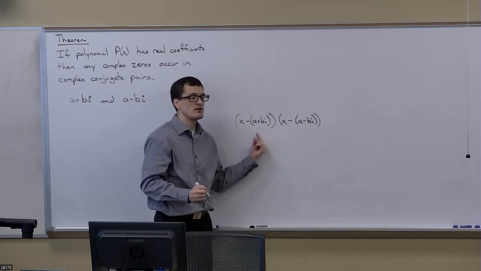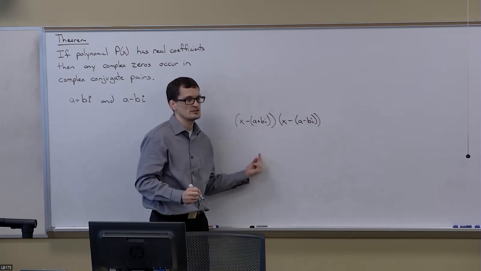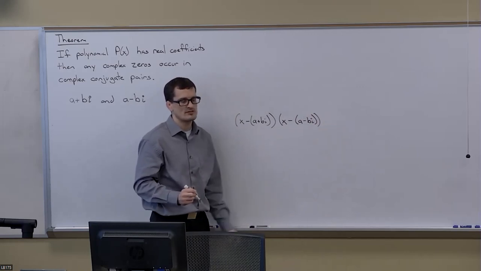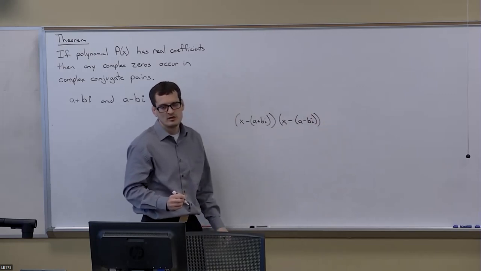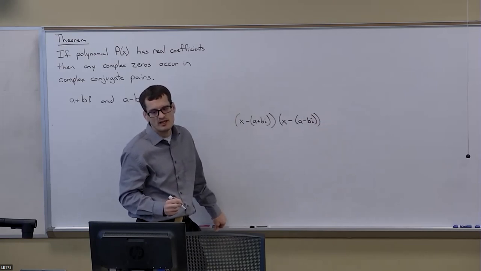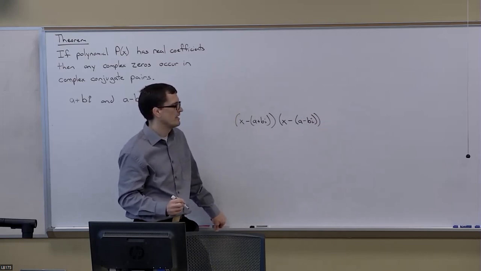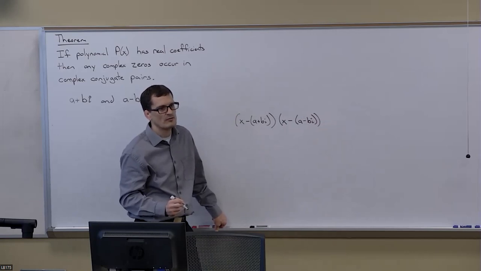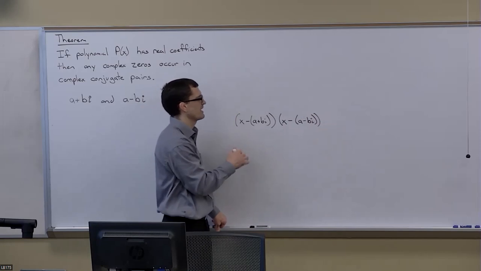When you multiply this out, you get a quadratic with real coefficients. All your i's drop out, because when you multiply a + bi times a - bi, remember, you get back a real number. So it's because of that multiplication.